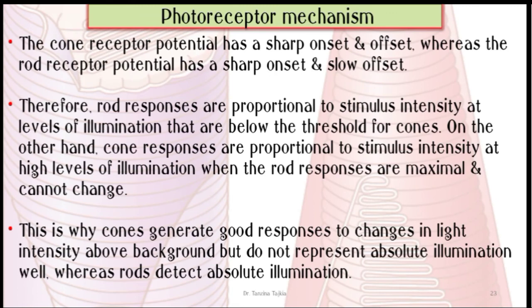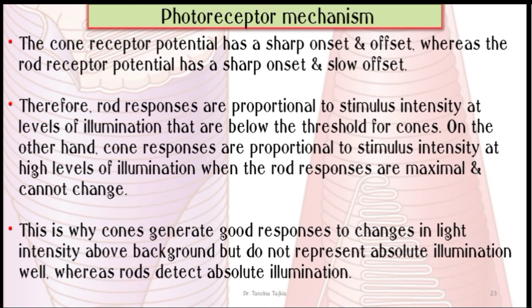The cone receptor potential has a sharp onset and offset, whereas the rod receptor potential has a sharp onset but slow offset. Therefore, rod responses are proportional to stimulus intensity at levels of illumination below the threshold for cones.